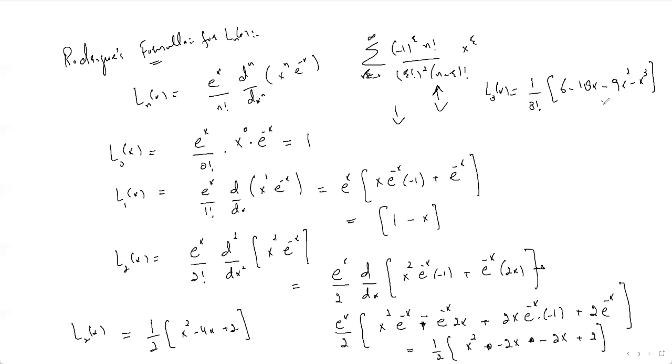You prove this here. Similarly, L4 of x will be equal to 1 by 4 factorial, then I have 24 minus 96x plus 72x square minus 16x cube plus x raised to power 4. Okay, so on and so forth.